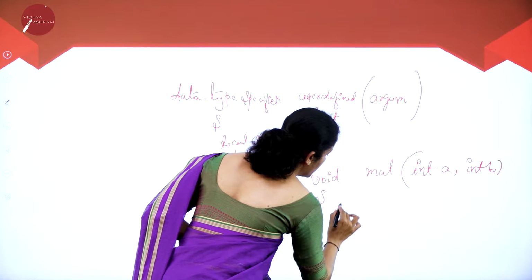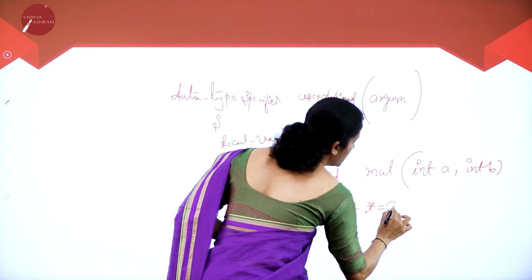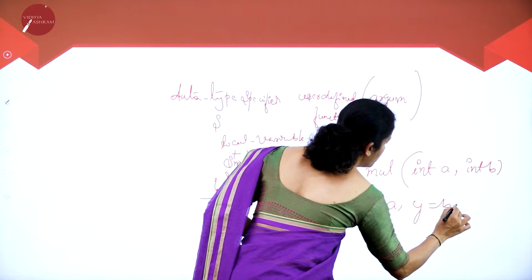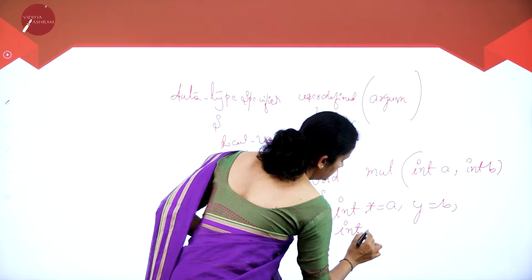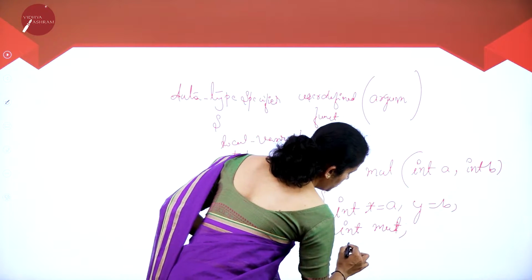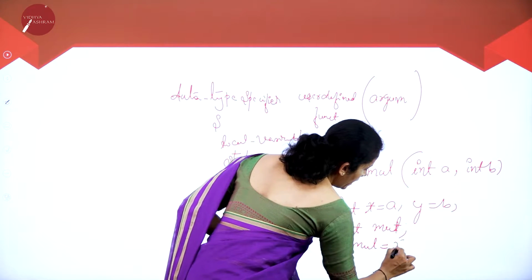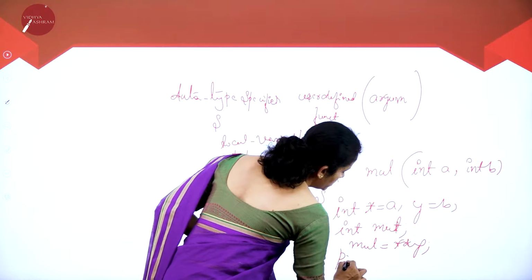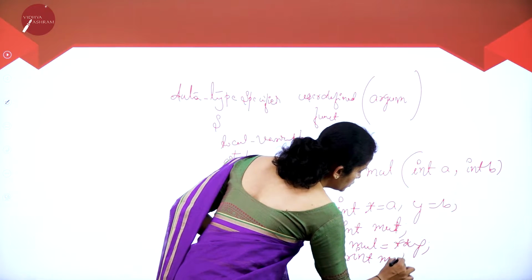Now int x equal to a, y equal to b, then int multiplication equal to x into y, then display or print multiplication.